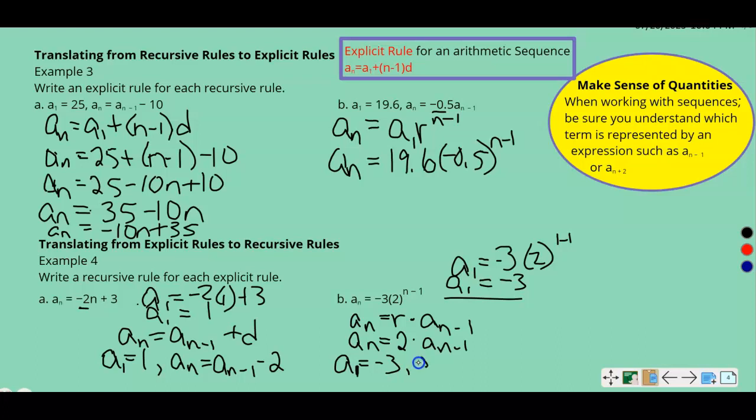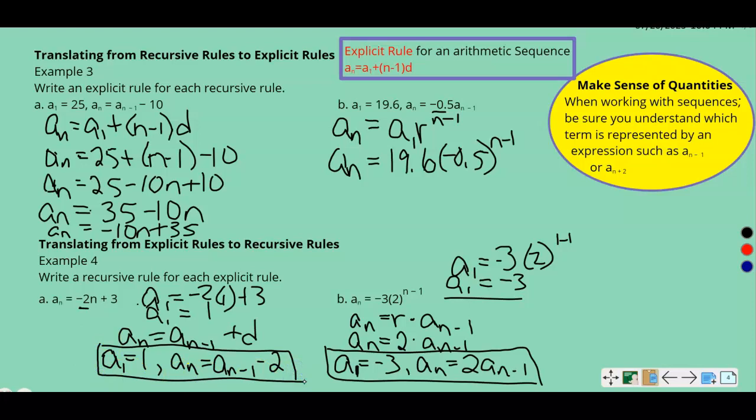And bring down the rest: a sub n equals 2 times a sub n minus 1, or our previous term. So there you go. That is how you go from explicit to recursive, and then back from recursive to explicit.